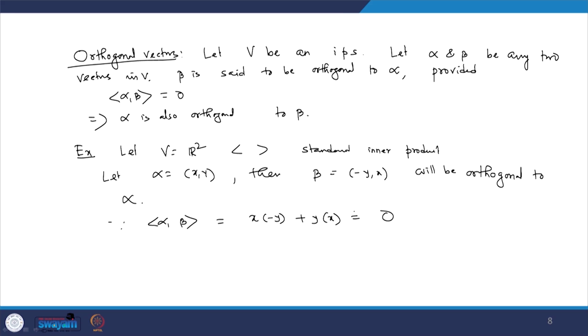If I consider the same space, let me change the inner product.